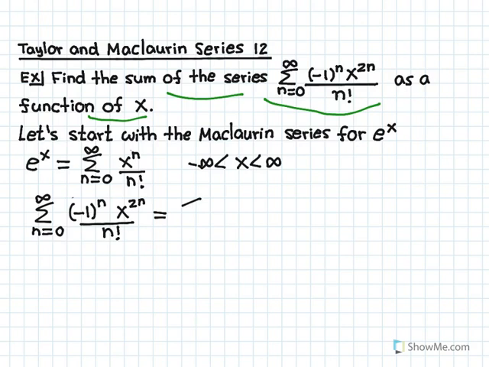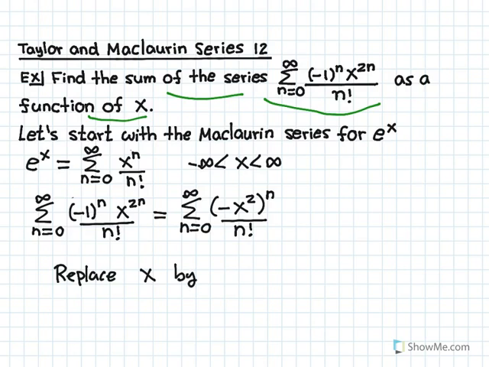We can rewrite this as summation n equals 0 to infinity of minus x squared to the power of n divided by n factorial. This suggests that we should replace x by minus x squared in the Maclaurin series for e to the x.